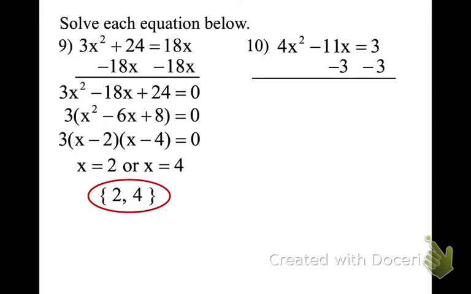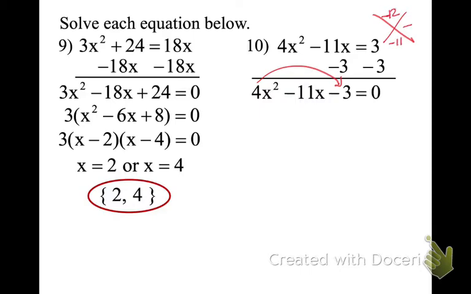Okay, whoa. Okay, let's set this equal to 0. Why don't you guys try this one? Pause it. Set it equal to 0, and then factor it. Now let's try it. Subtract by 0. We're going to have some lead coefficient factoring. 4 times 3 is negative 12, and I have negative 11.